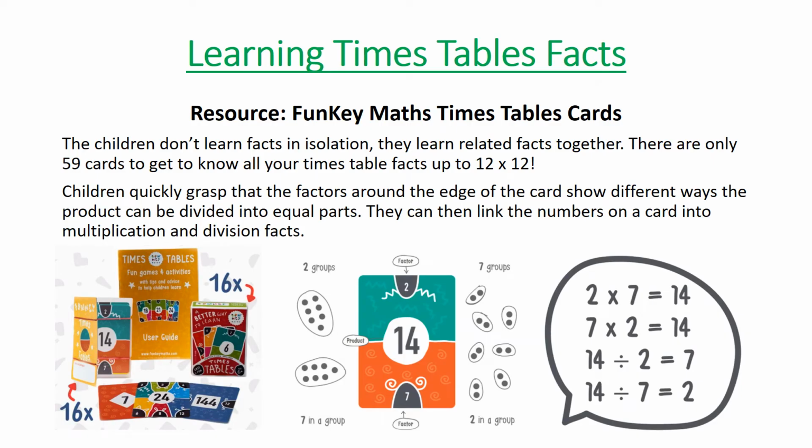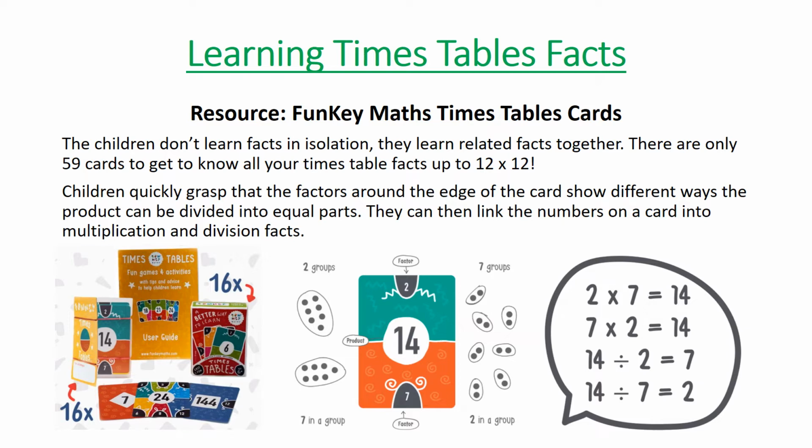As shared within our school vision, the resource that we are using is Funkey Maths times table cards. If you were to purchase these cards, you would receive a pack of cards, a card holder which supports the children with targeting particular facts, and a user guide which shares information on the cards and the 12 games that you can play. The children don't learn facts in isolation, they learn related facts together.